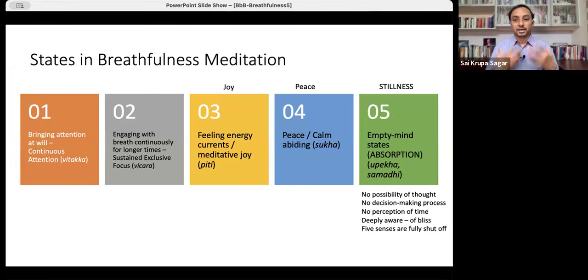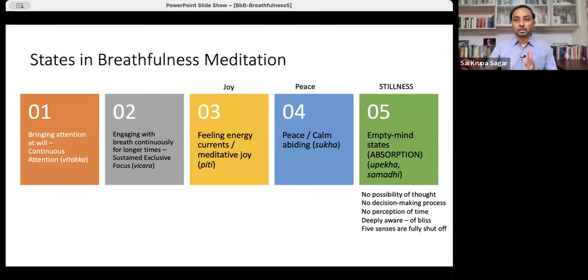So feeling energy currents, then you start feeling the joy, meditative joy. And then once you be with joy, you continue the same practice, not craving for that bliss, not craving for the happiness. Then you go into that peace, sukha, absolute peace, and that peace will carry you outside of meditation, outside of the practice as well.